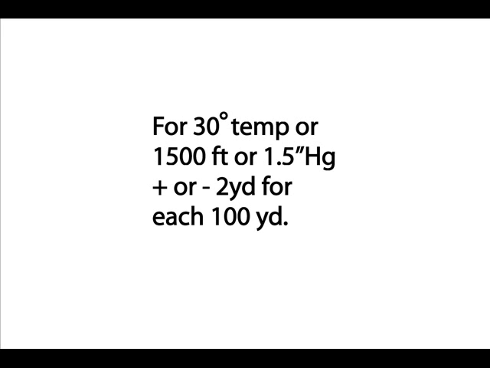You're going to need to subtract 2 yards for each 100 yards that you're shooting. So if you range your target at 700 yards, once again you're going to have to subtract 14 yards to have a perfect impact at that distance if you're at an altitude that is 1,500 feet higher than your standard altitude.